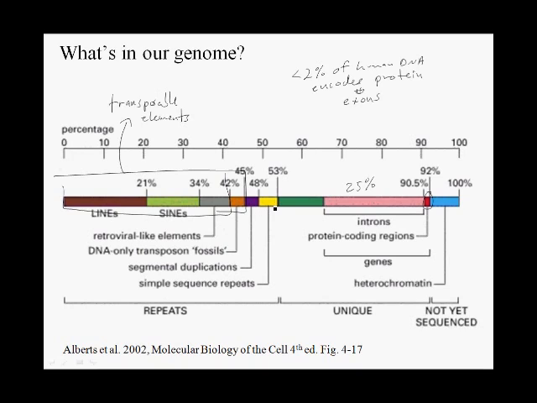And then there are some other sequences that are repetitive sequences, sequences between genes, and some heterochromatin that has not been sequenced. So when we count up all of the protein coding genes, what we see is that there's between 20,000 to 21,000 protein coding genes.